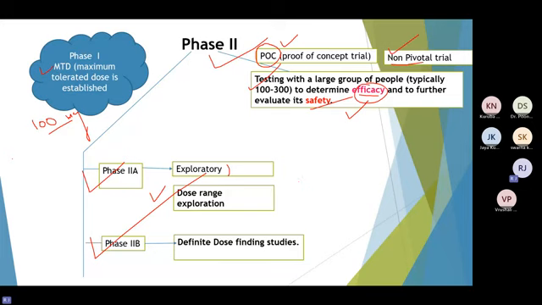We try to determine the best dose which is showing the maximum efficacy. So it's very linear. In phase 1 we determine the maximum dose a person can tolerate. After knowing that, we test different dosing to determine the best dose showing effect, in phase 2.